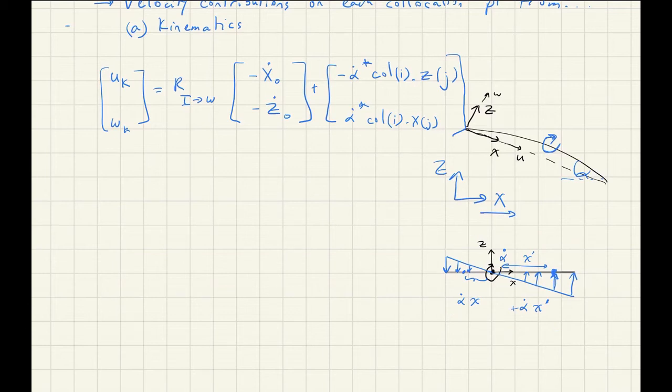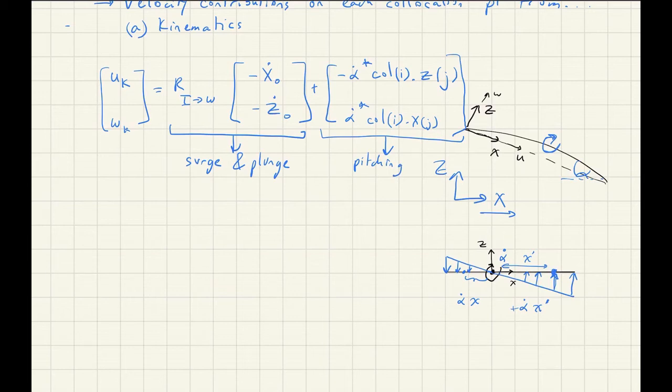So let me write that down. The stuff here is for surge and plunge, and surge basically means motion in the x-axis, and plunge means motion in the vertical or z-axis in the inertial frame. And this bit here is when you have pitching. So if you're not pitching, this bit goes to 0.